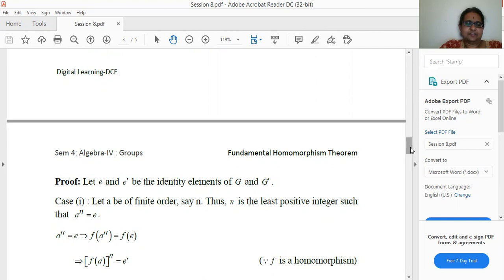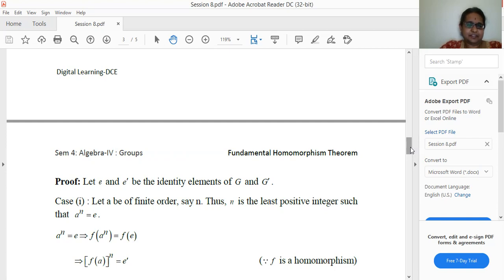Then from the definition of order of an element, n is the least positive integer such that a power n is equal to e. So order of a is n, which implies there exists a least positive integer n such that a power n is equal to e. A power n is equal to e implies f of a power n is equal to f of e.